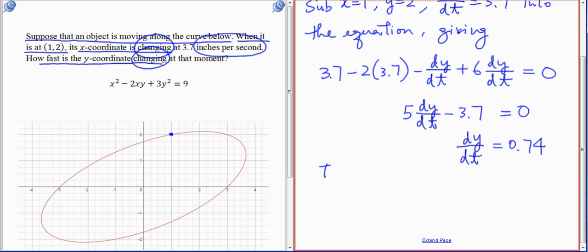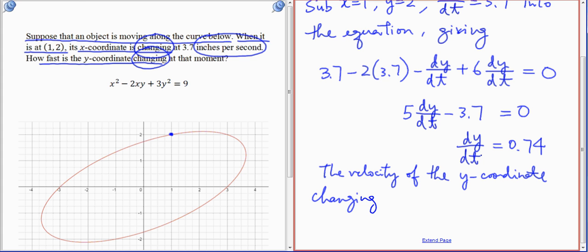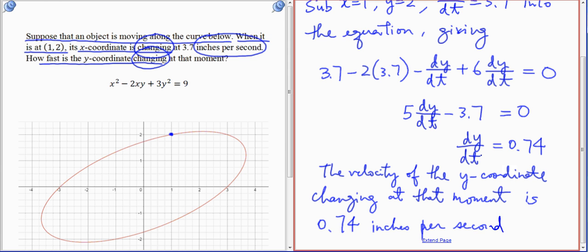The velocity of the y-coordinate changing at that moment is 0.74 inches per second.